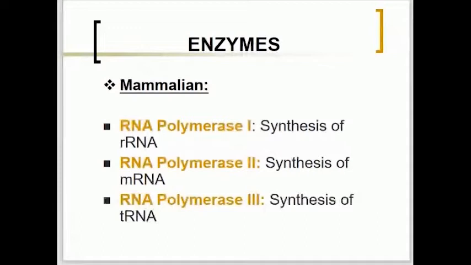RNA polymerase 1 is involved in synthesis of rRNA, RNA polymerase 2 is involved in mRNA synthesis, and RNA polymerase 3 is involved in tRNA synthesis. So there are specific RNA polymerases, right?